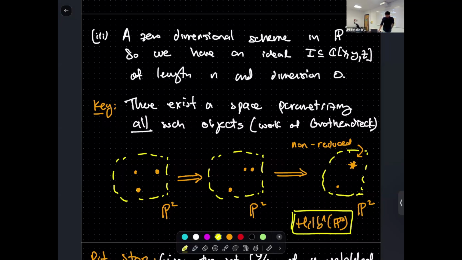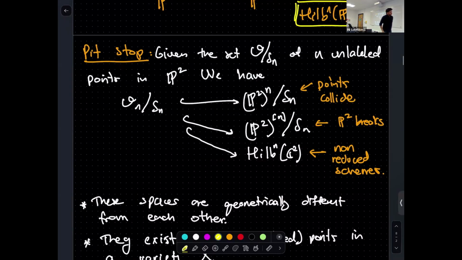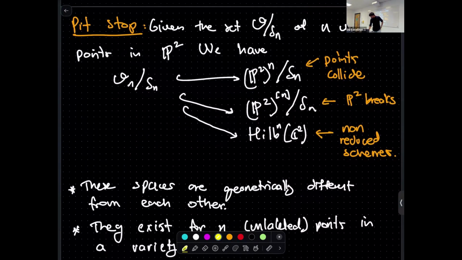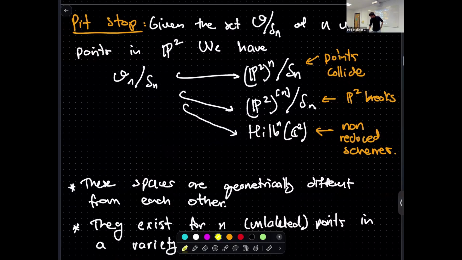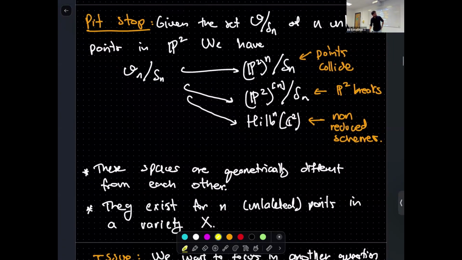So what we are running right now is kind of where I want us to get until here. And we see there, yes. If we have a configuration of n points in P2, then you have three choices when you want to compactify that.